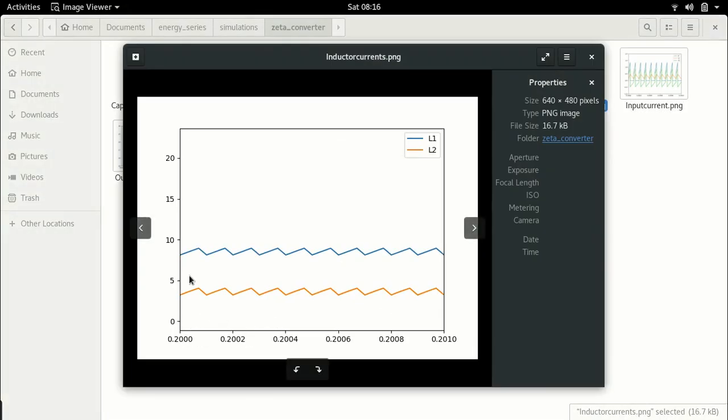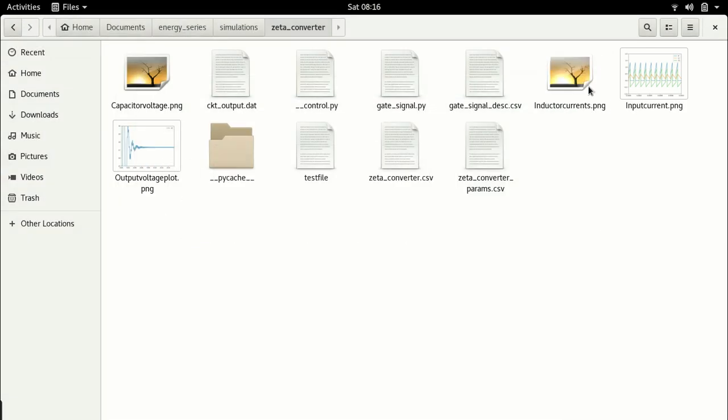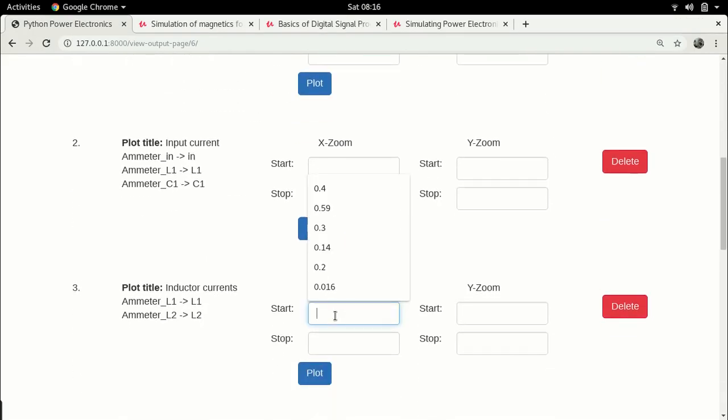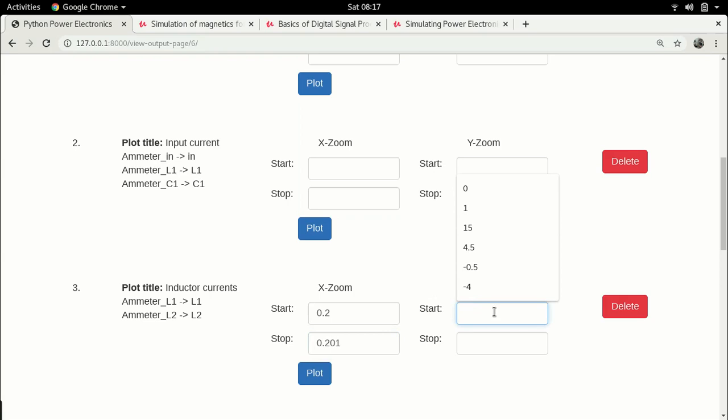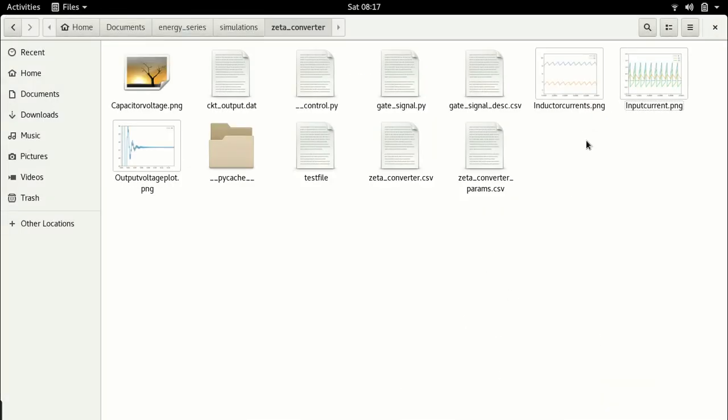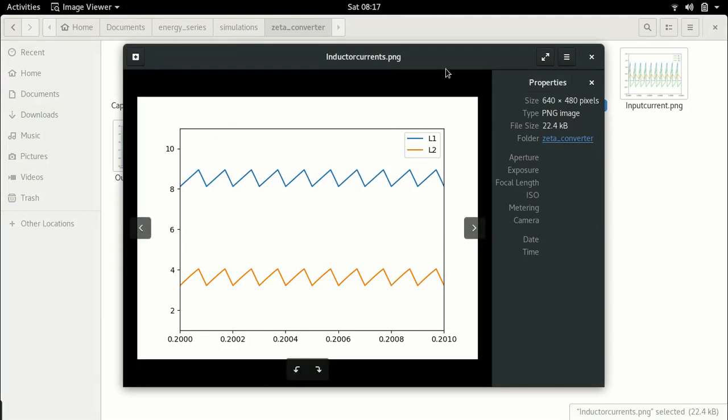We could zoom in again between around 1 and 11. It would probably have been a little more convenient if we could just zoom in using our mouse, but this is unfortunately just a PNG file. So I said 1 and 11. Make sure that the magnitude of the start is less than the magnitude of the stop, and we get a much better curve.